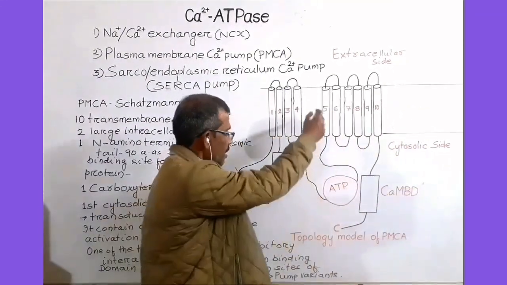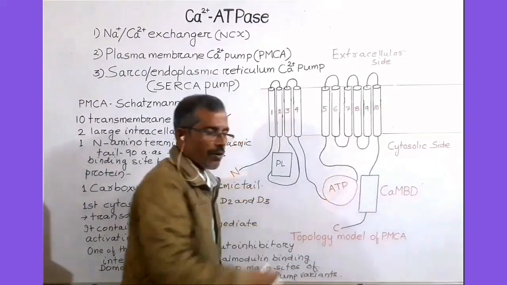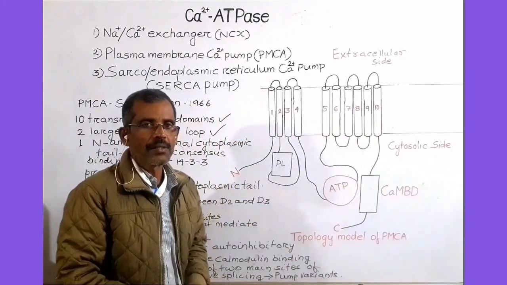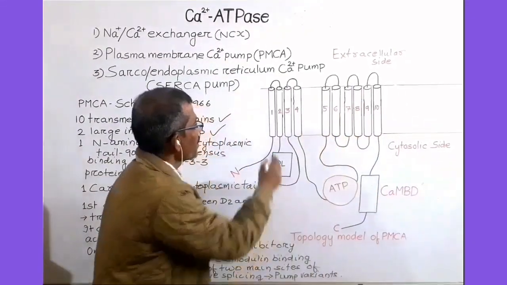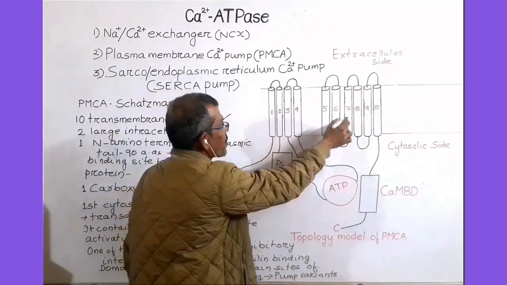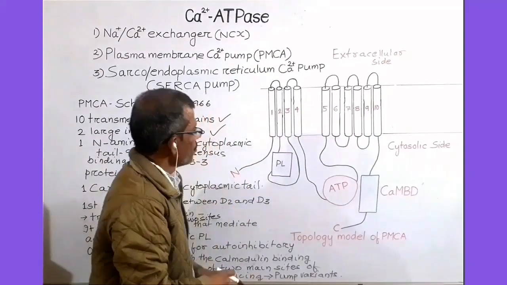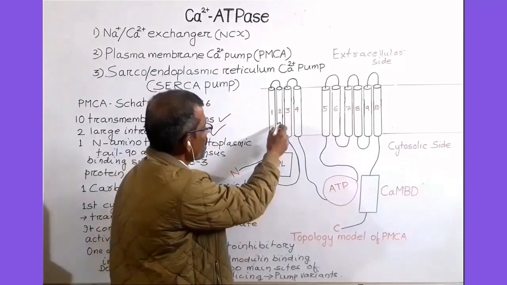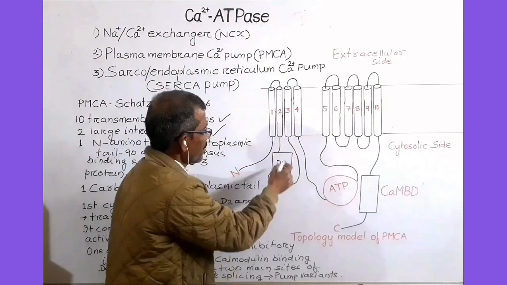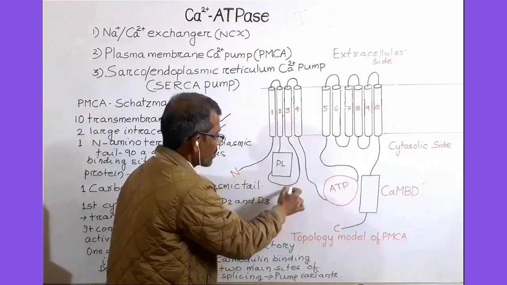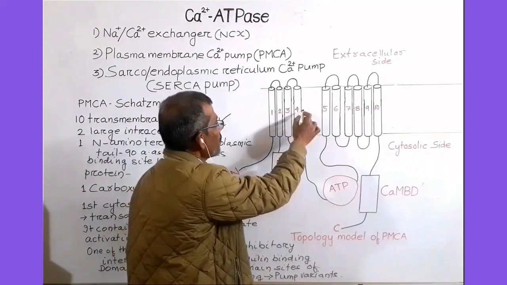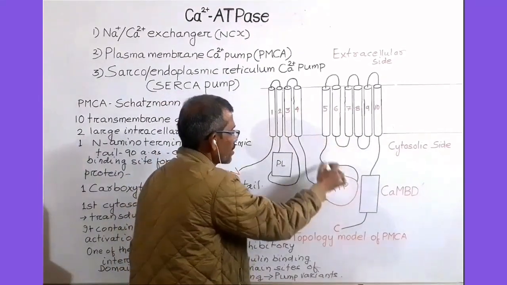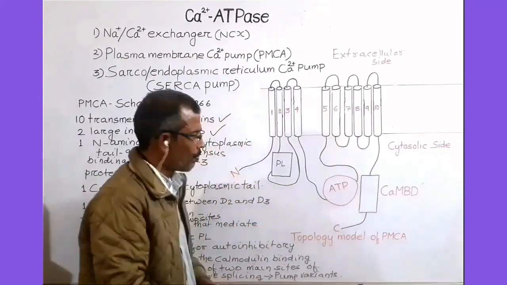Friends, this figure is the topology model of the plasma membrane calcium pump. This is the plasma membrane and these are the 10 transmembrane domains. Between transmembrane domain 2 and 3, there is a large intracellular loop. Similarly, between domain 4 and 5, there is another intracellular loop.